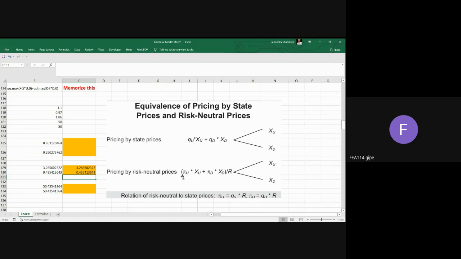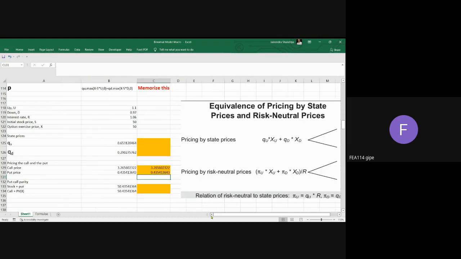So exactly, rather than doing this much, what we actually do is qU XU plus qD XD, and then you will understand that what we are doing is slightly different from the risk neutral way of pricing an option. So we use state prices, and state prices are nothing but qU and qD.